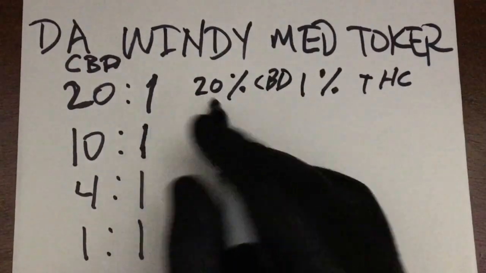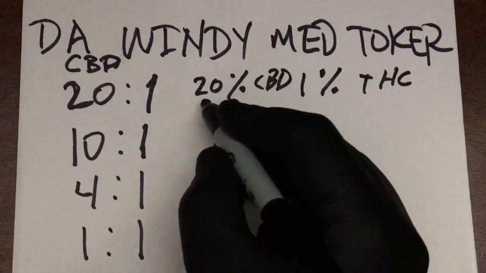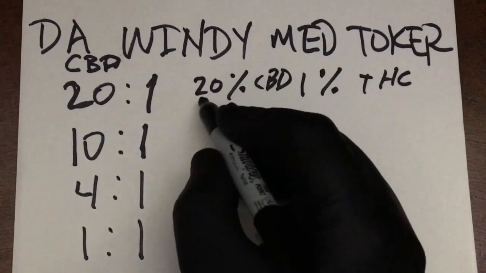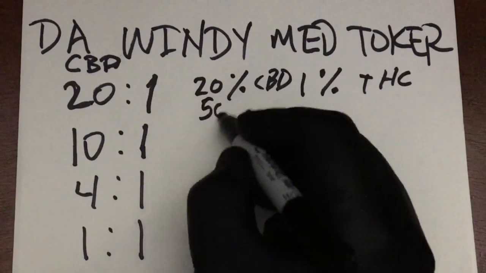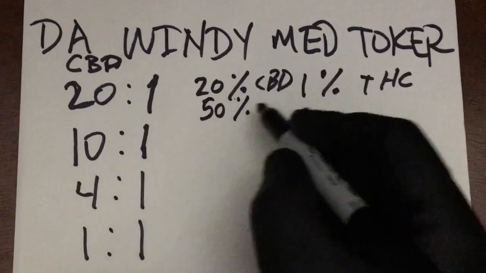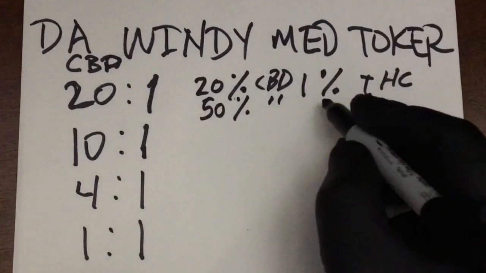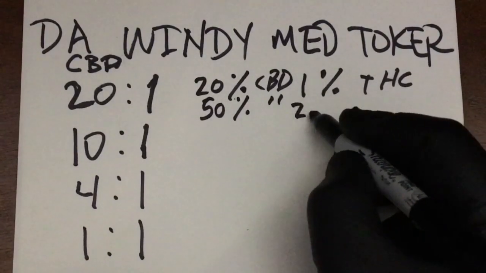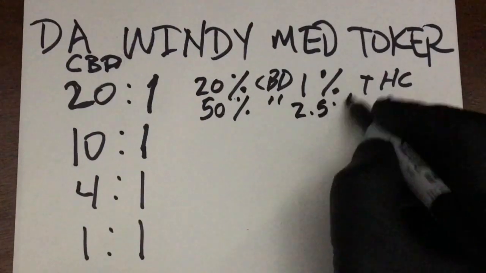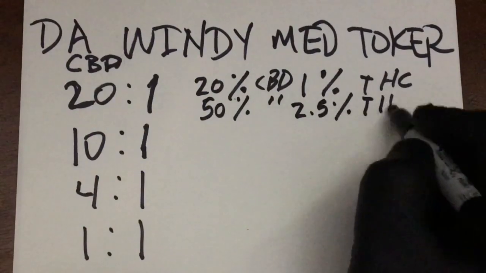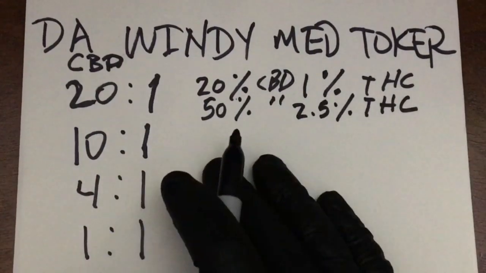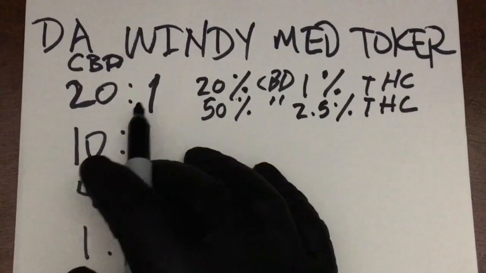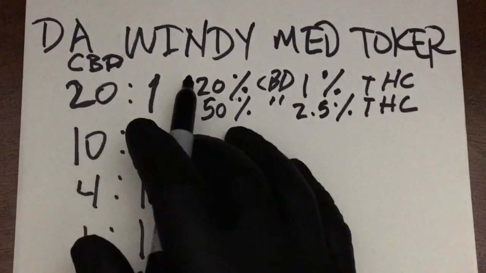If you had 50% CBD, you would have 2.5% THC. Okay, so that's just telling you a ratio of what it is from one to the other.